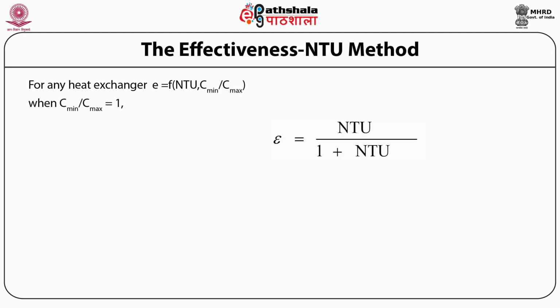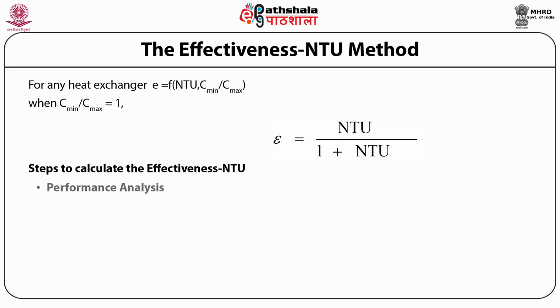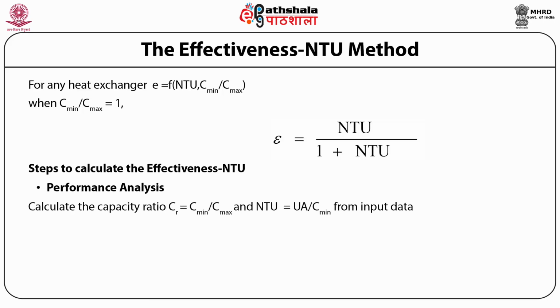Now, we will discuss some steps to calculate the effectiveness. Number 1, performance analysis. Step 1, calculate the capacity ratio CR equal to C minimum divided by C maximum and NTU equal to UA divided by C minimum from input data.